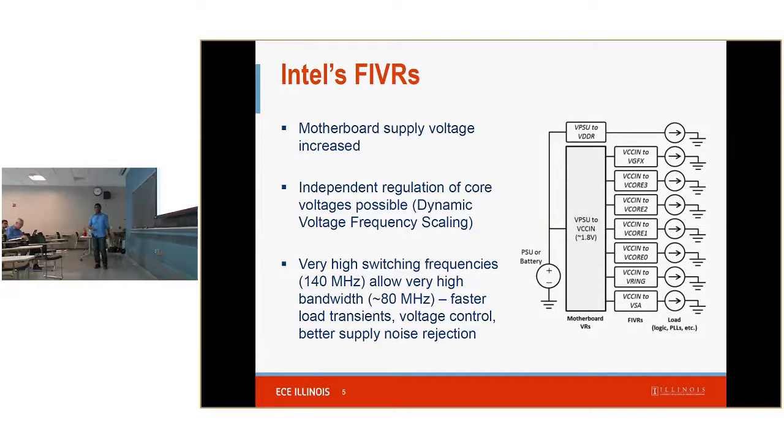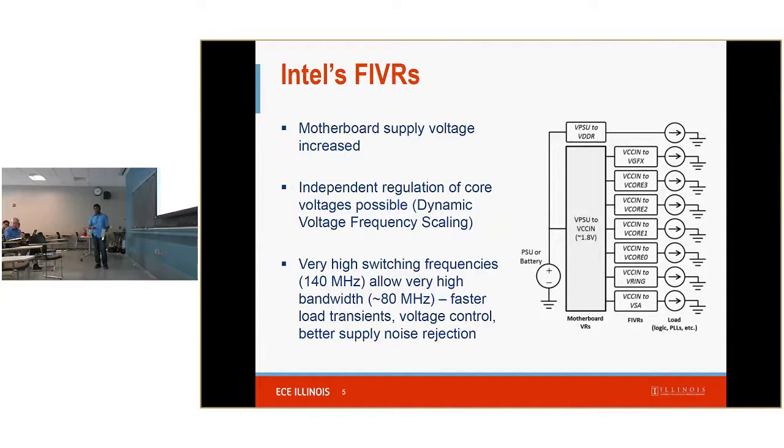Allowing switching at very high frequencies is also going to give you very high bandwidth. So the general trend we want to follow is to deliver power at a higher voltage and lower current. This is what makes the FIVRs very useful.